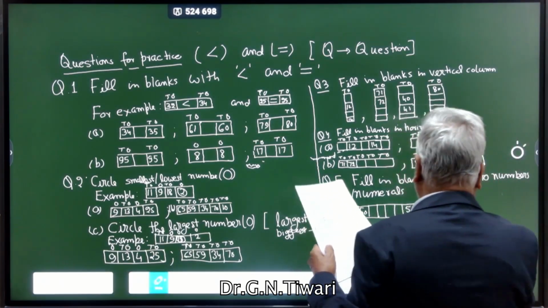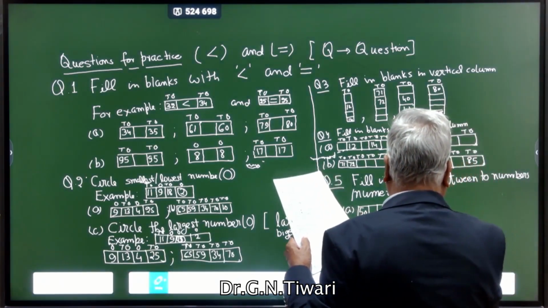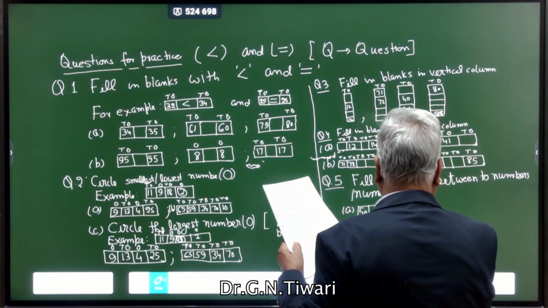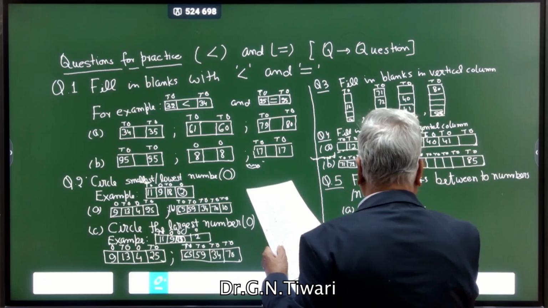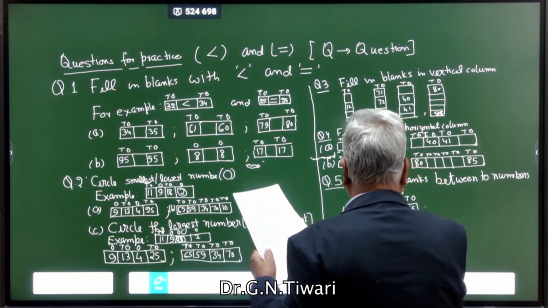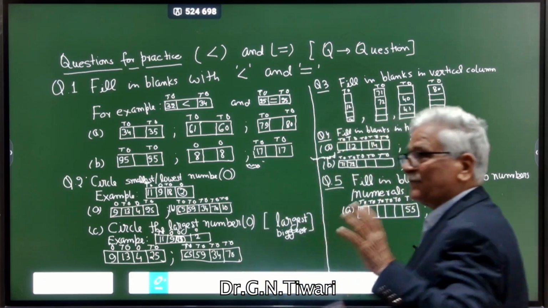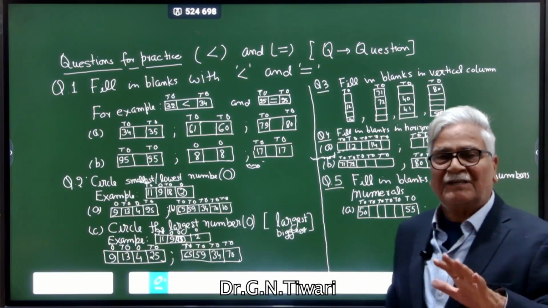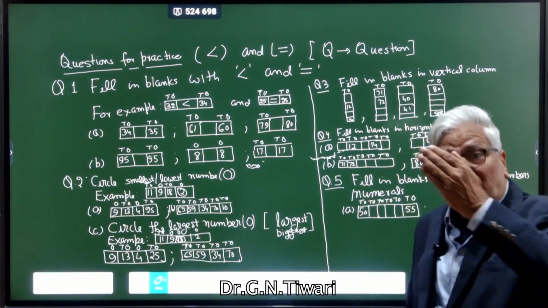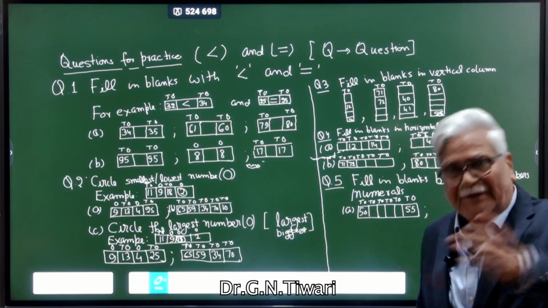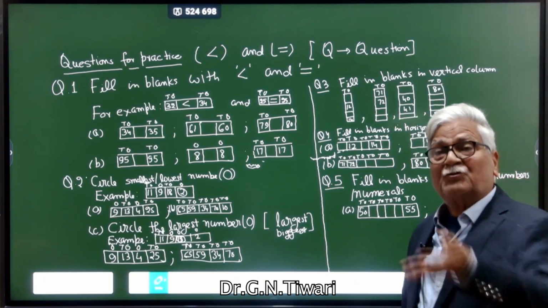So again I am giving another example. Write O, T. One thing I tell you: the class 1 student is more obedient than the higher classes. If you say write OT, they will write OT in every question, in comparison to the higher classes.